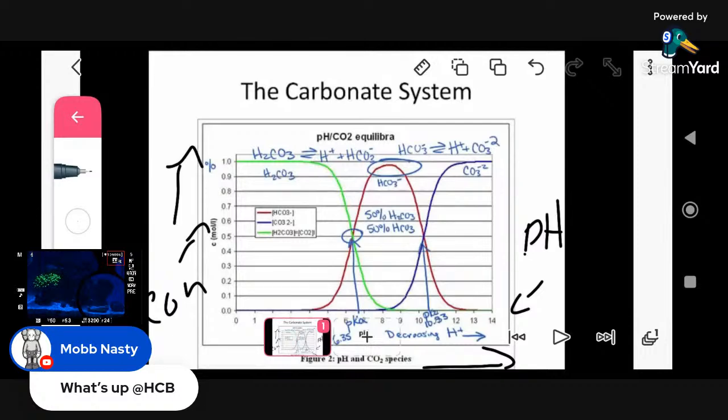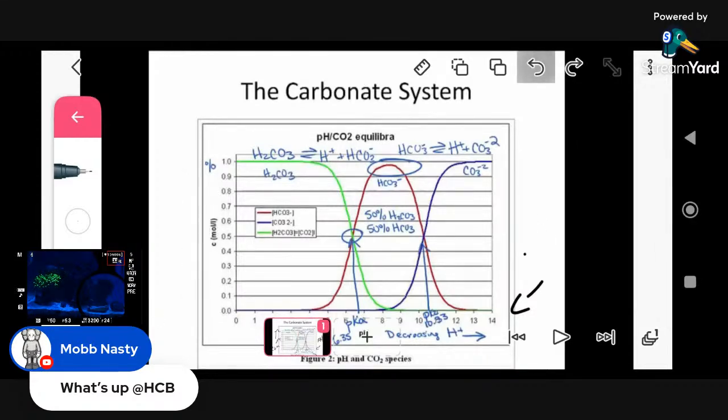I'm going to erase that so we can learn how to read the graph. Remember, pH is right here, and over here is the concentration.